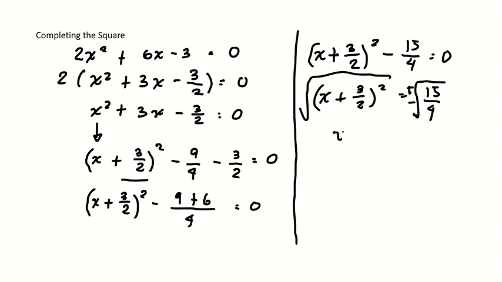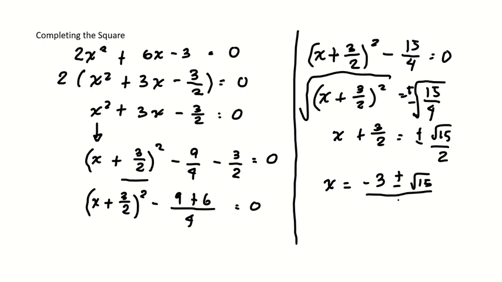So we have here x plus 3 halves equals plus minus square root of 15, and square root of 4 is 2. Okay, so bring this to the other side, that makes it negative. So x is equal to negative 3 plus minus square root of 15, since they have a common denominator, so all over 2.